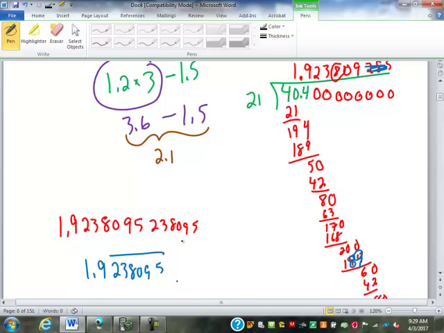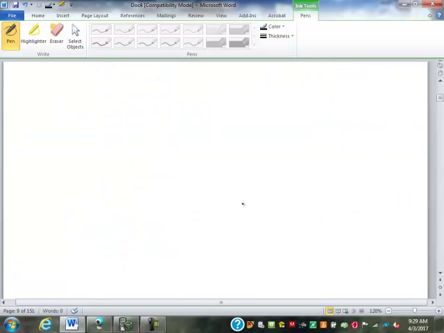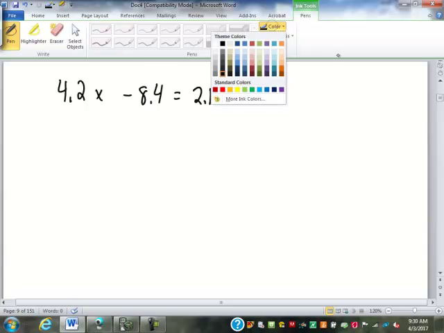Okay, so for our second hour, what we're looking at is solving equations now with these decimals in them. Like 4.2x minus 8.4 equals, oh, let's do 2.1, make it simple.